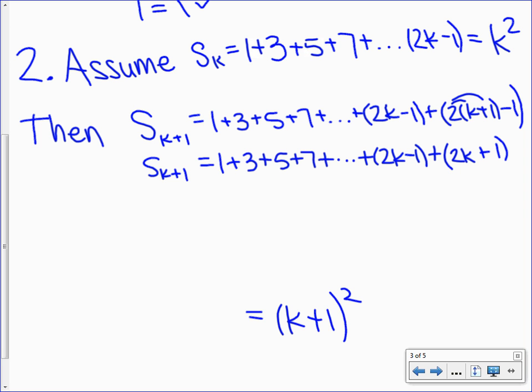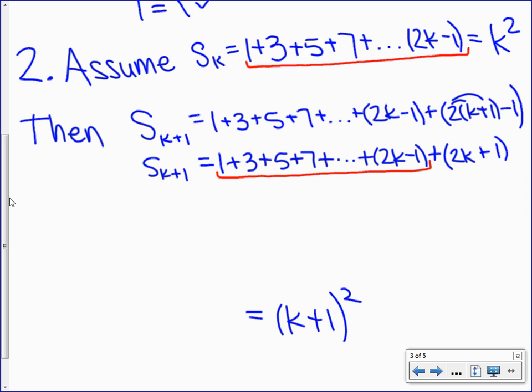Now, this is what I want you to notice. Here I have 1 plus 3 plus 5 plus 7 all the way up to plus 2k minus 1. Do you see that anywhere else? This 1 plus 3 plus 5 plus 7 all the way up to 2k minus 1, we have assumed that it equals k squared.